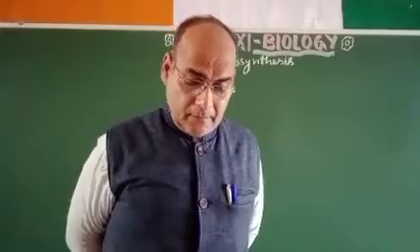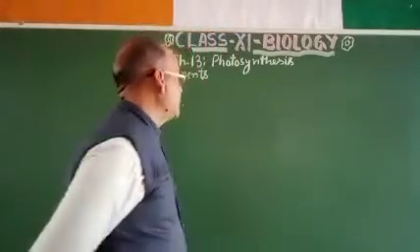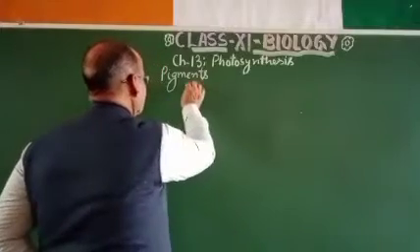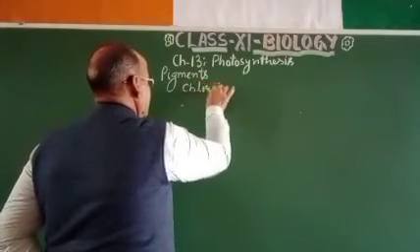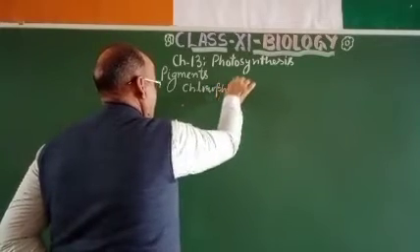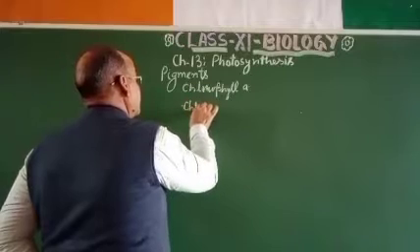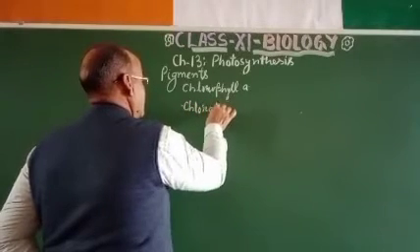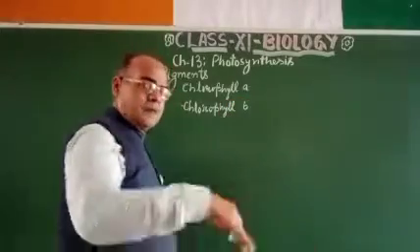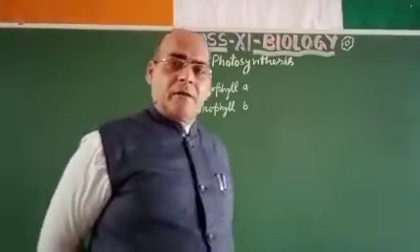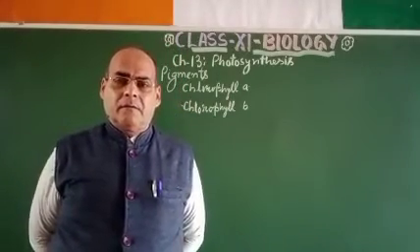So let us see the names of the pigments. The names of the pigments are chlorophyll A and chlorophyll B. Before this, you are well aware of chlorophyll, xanthophyll and carotenoid.